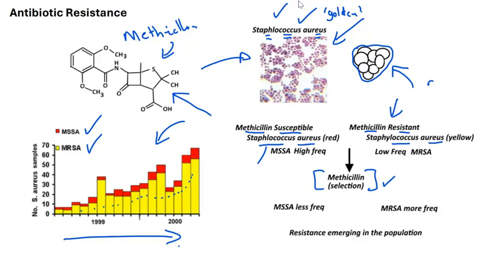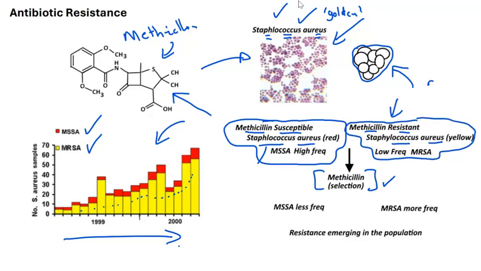And so because the antibiotic is killing off this group here, the MSSA susceptibles, it does not kill off the resistant form here, the MRSA, and so MRSA becomes more common as the MSSA, the susceptibles, become less common.